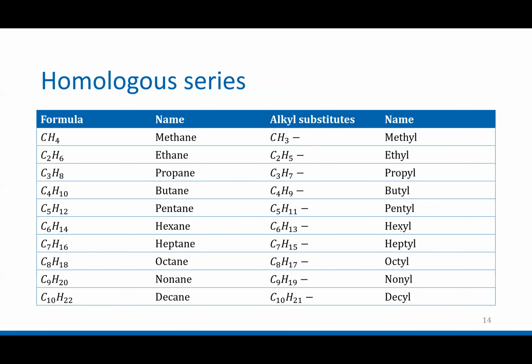So if there's one thing you really need to memorize, it's this table. And I'm going to go easy on you. You only need to know the first 10. We're not going to go past 10 carbons.